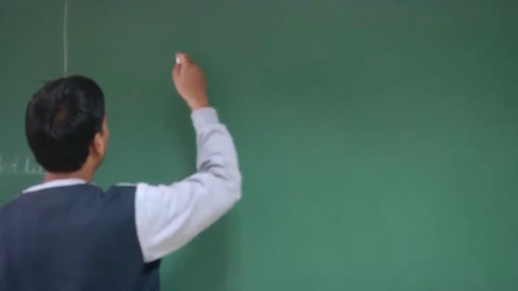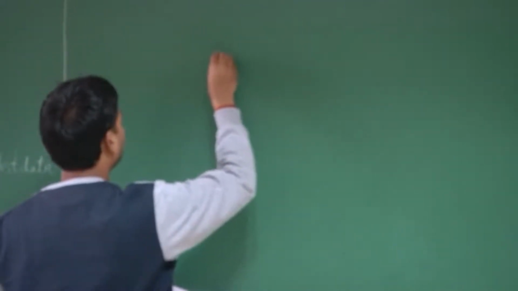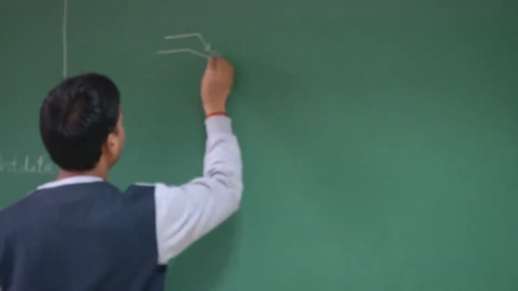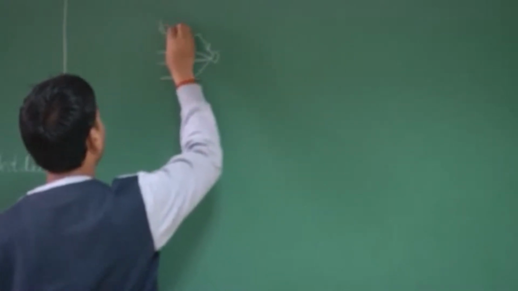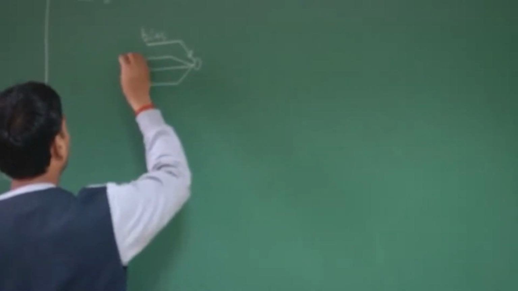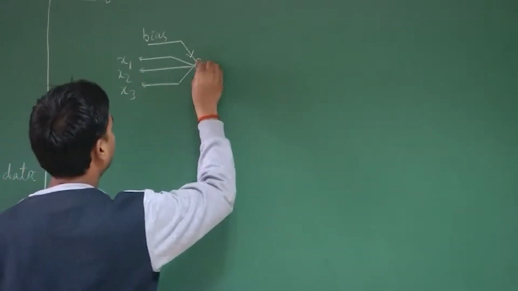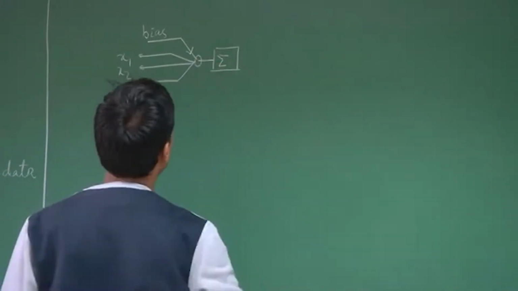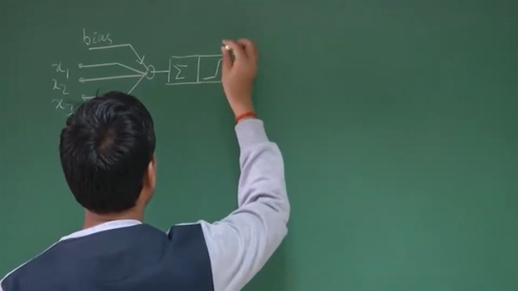As I said, it mimics our biological neurons. If you see the architecture of a single neuron, it was like this. It had bias and inputs with certain weightage. So this is your bias, and you can have different inputs x1, x2, x3, and there you need to sum all those, and then pass through a nonlinear activation function.